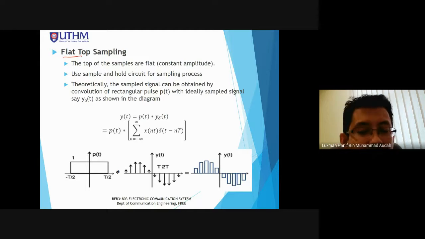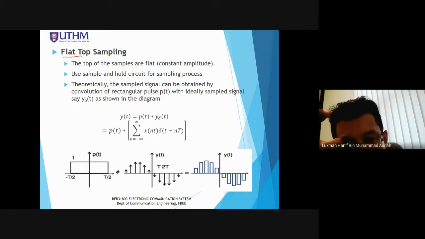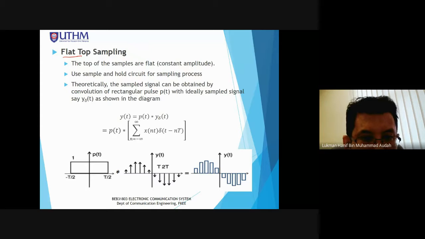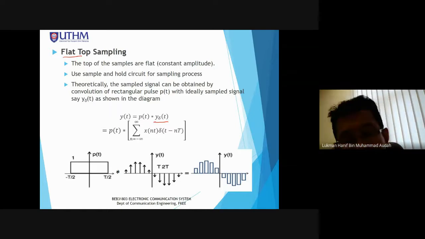Okay, so what happened is that, yang mula-mula di sini kalau you lihat, okay, so dalam flat top sampling dia akan melakukan proses multiplication and also convolution process.